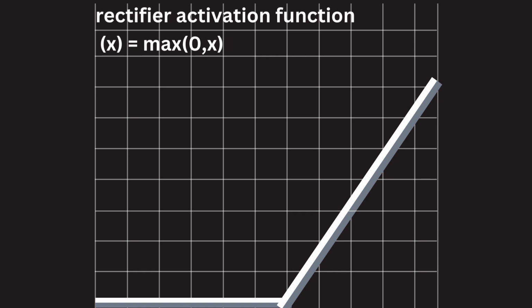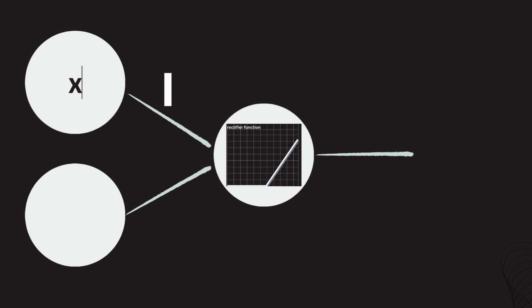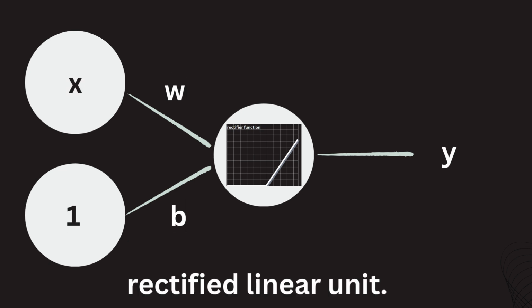Now you can see it is going zero, zero, zero, but if the value gets a little bit higher, then it will get the max value of it. So this is the activation function we are using. We have two neurons, and we are adding them into a single neuron, and then we are using the rectifier unit.